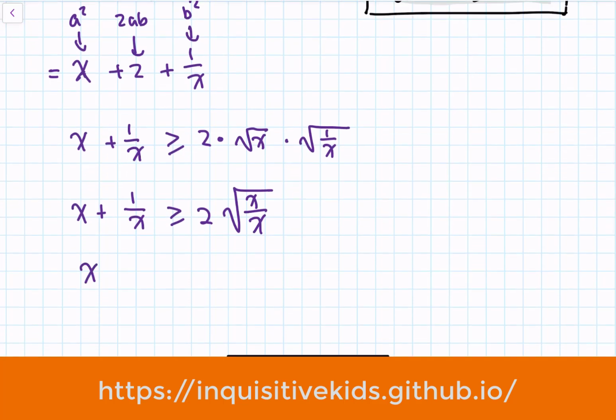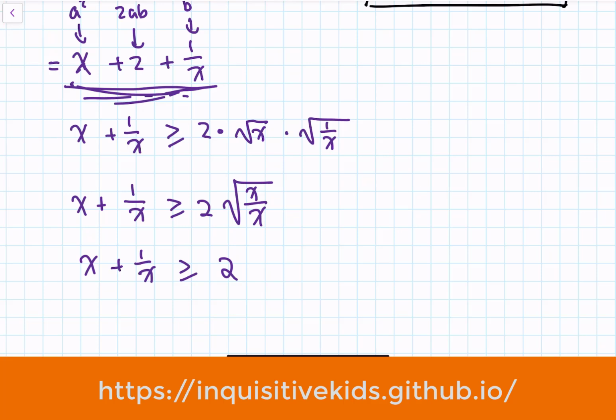This is the same thing as x plus 1 over x is greater or equal to 2. And now, because we want to get back into a form of this original quadratic, let's add a 2 back on both sides. So we have x plus 2 plus 1 over x is greater or equal to 4.